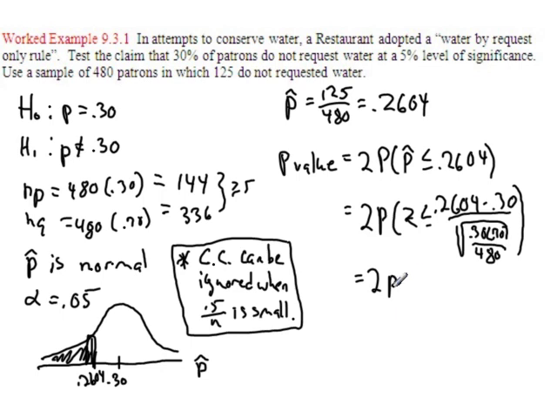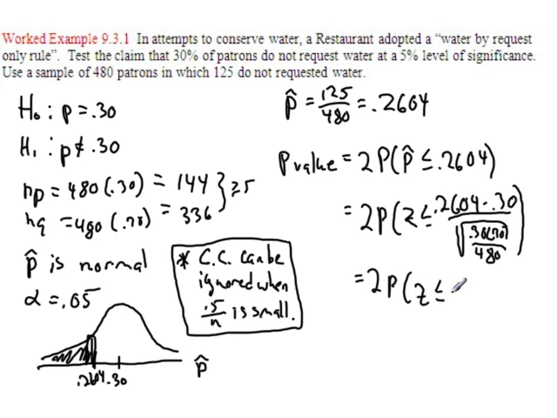So this is twice the probability that z is less than or equal to, and run this into the calculator. 0.2604 minus 0.30 in parentheses divided by parentheses, square root of 0.30 times 0.70 divided by 480, close parentheses.